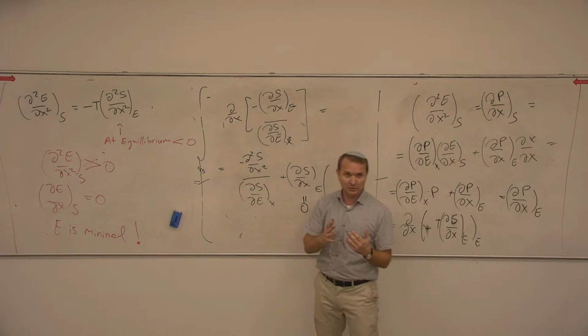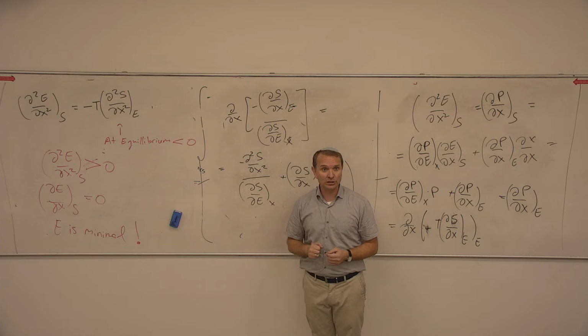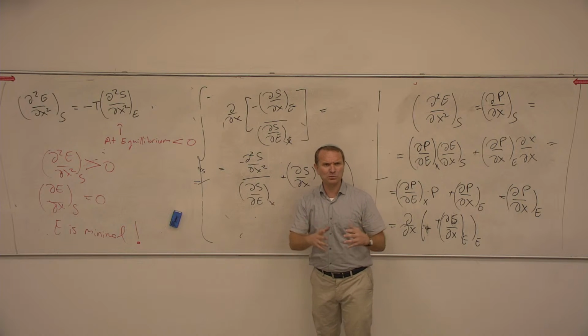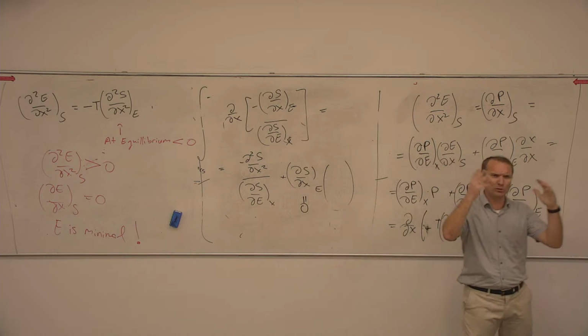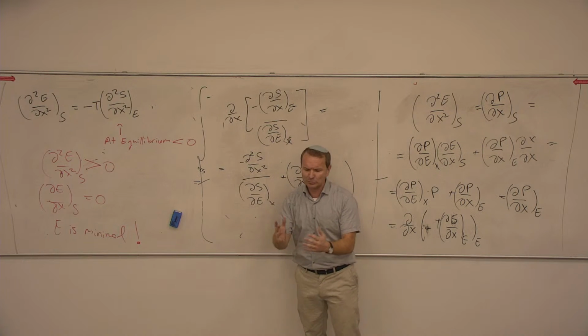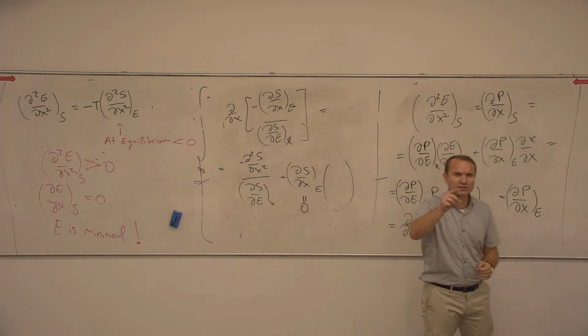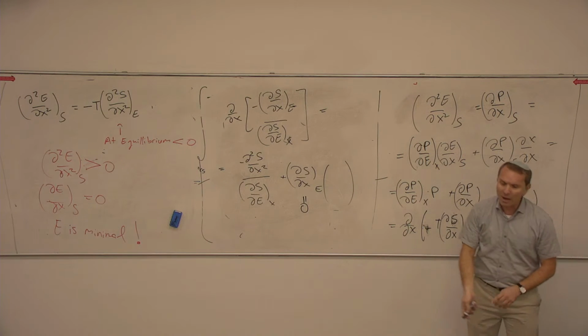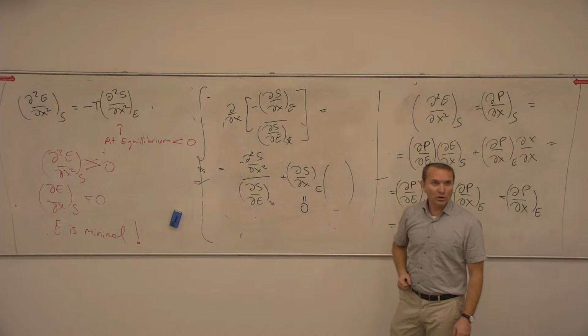So what we can say is that at equilibrium, we don't have to talk about the entropy being maximal. We can talk about energy. The energy is going to be minimal. And this sounds much more applicable, right? If you're thinking about different systems, you usually don't think about systems in terms of energy and entropy. You usually say, okay, what's the entropy of the system? What's the energy of this particle? When I throw up this pen, what is the energy of this?